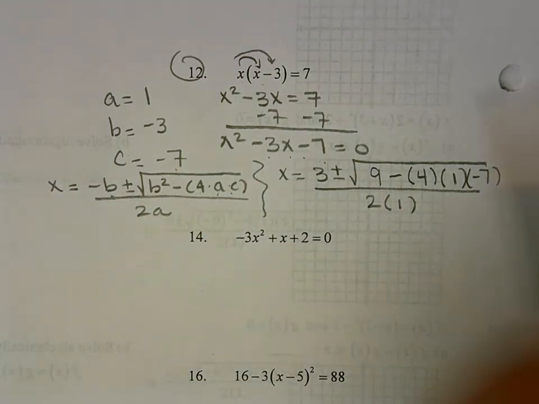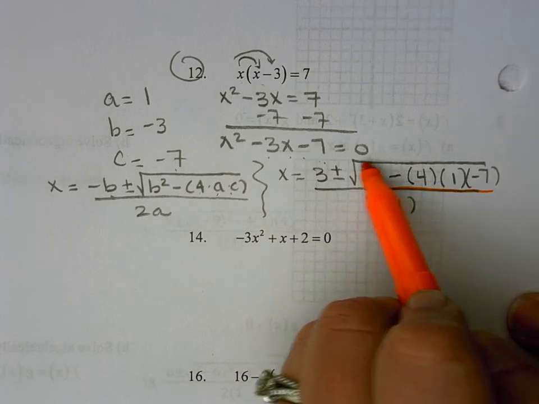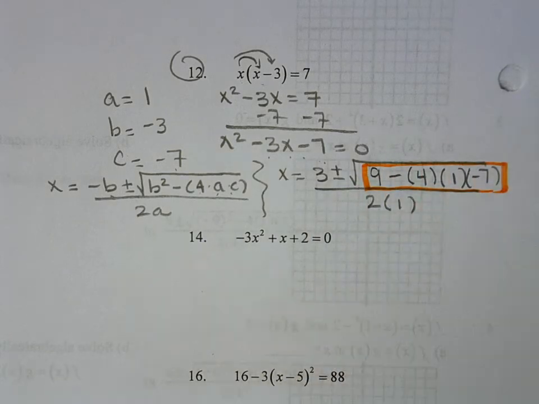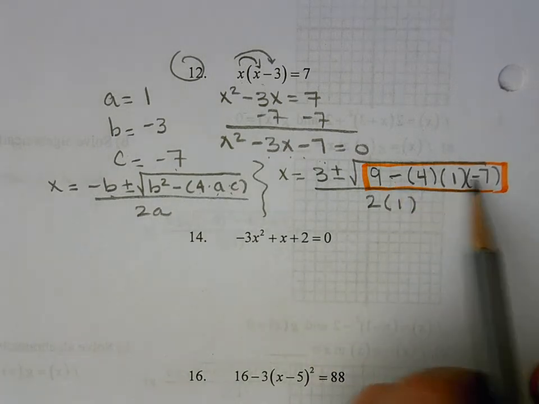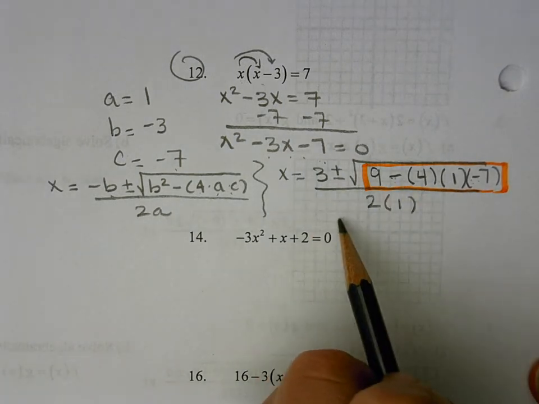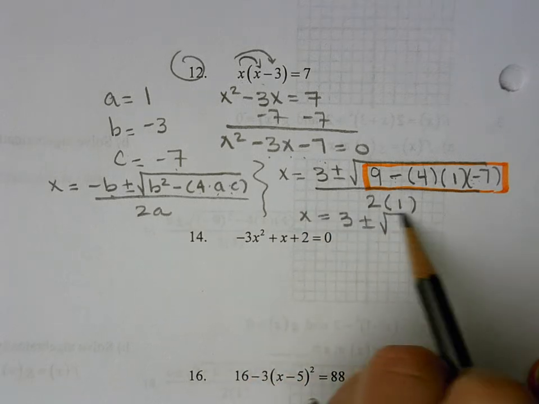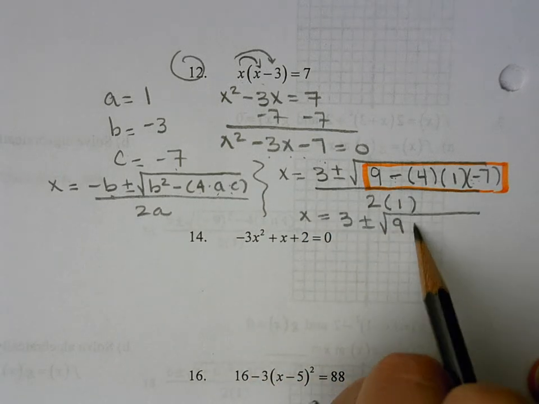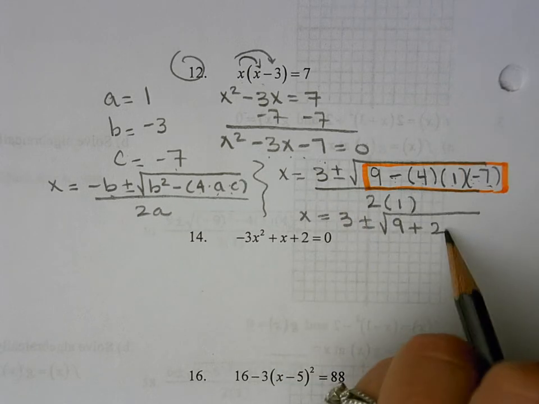And then we always want to make sure that we're simplifying the square root portion first. So we always want to simplify this completely before we try to reduce. So I'm going to have a double negative here, which is going to turn into a positive. And then 4 times 1 times 7 is 28.